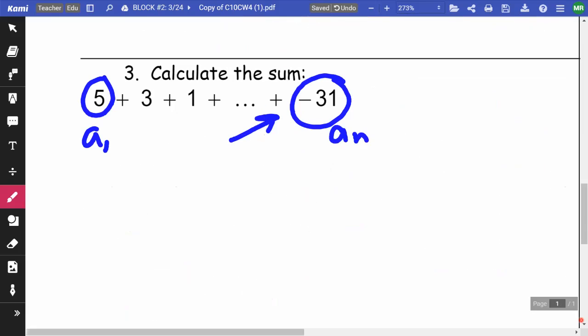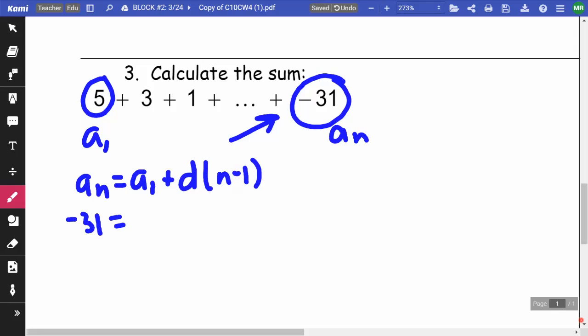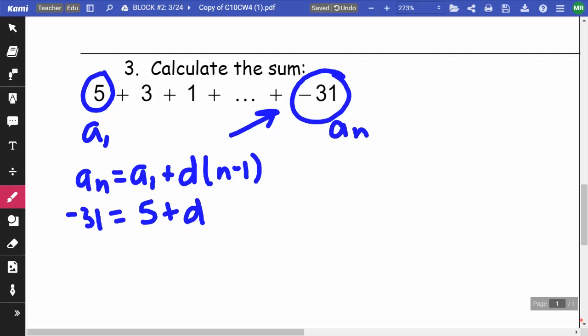So to find that, I'm going to do A sub n is equal to A1 plus D times n minus 1. I'm going to put in a negative 31 is equal to my first term, which is 5, plus D. Well, and I know my D.